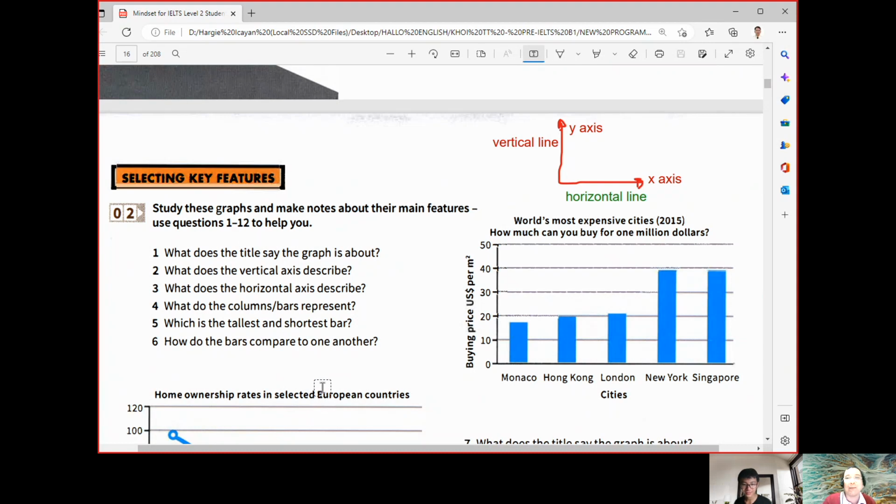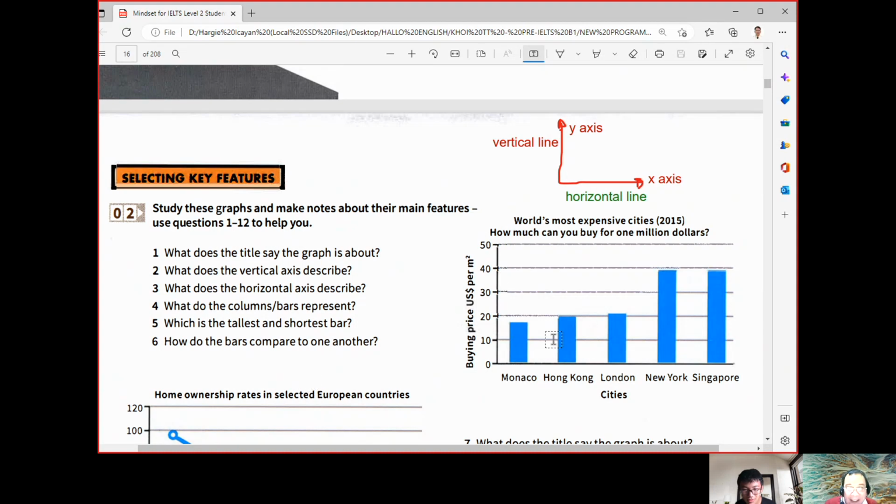Question number 1, which regards this graph, which is what we call a bar graph. What does the title say the graph is about?